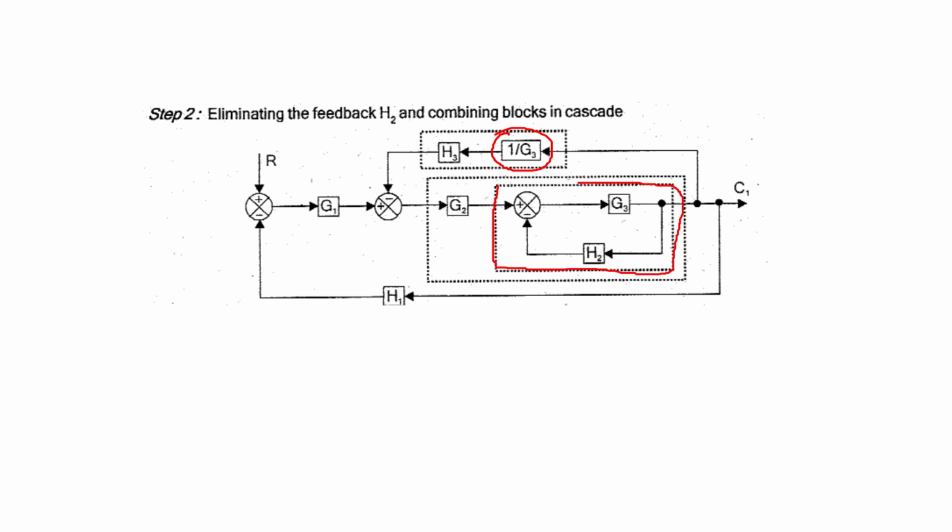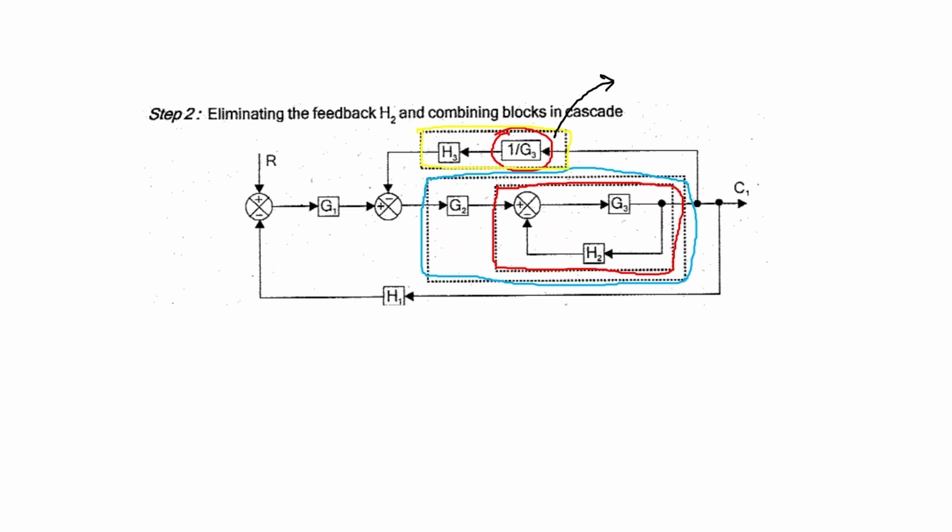The first one is the inner feedback path. The second one is after eliminating the inner feedback path, that block will get cascaded with this G2, which will combine again into a single block. Then thirdly, it will end up with this particular block available in cascade. So we can eliminate all these possible blocks, combining them into a single block.